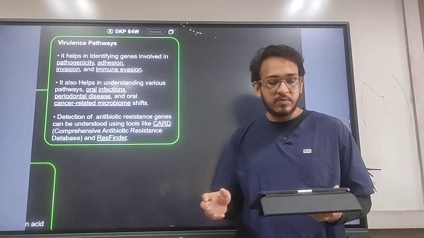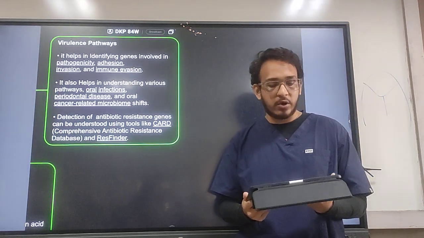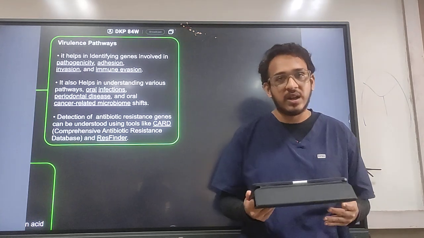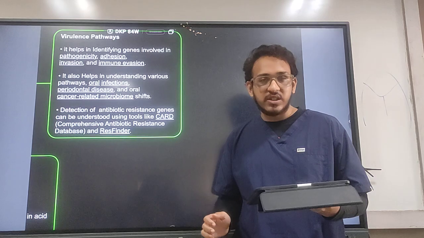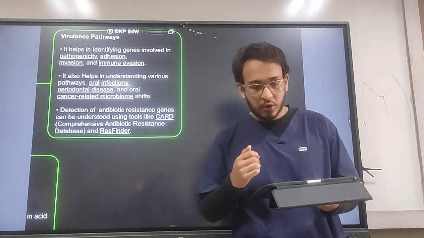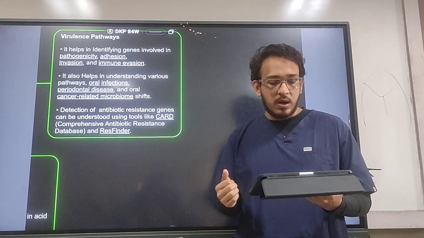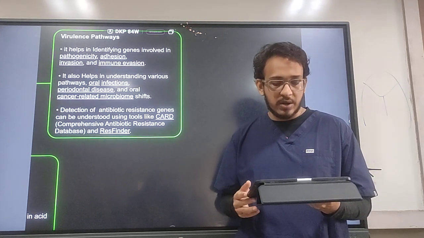It also helps to understand various pathways such as oral infection, periodontal diseases, and cancer-related microbiome shifts. Detection of antibiotic resistance genes can be done using tools like the Comprehensive Antibiotic Resistance Database, CARD, or ResFinder.